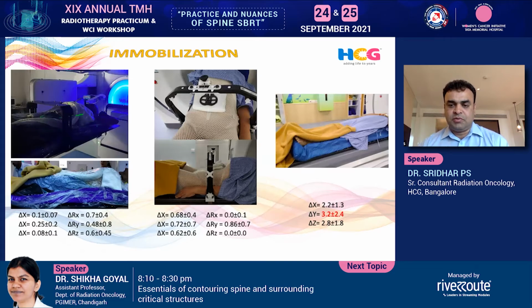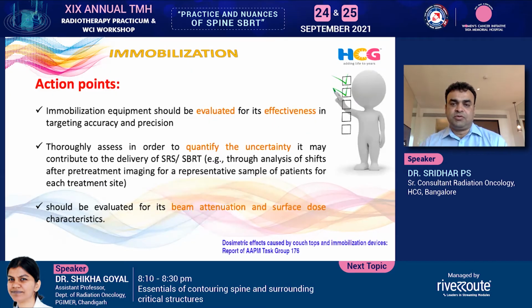For spine SBRTs, keep in mind there is always a chance of longitudinal movement of less than 3 millimeters whenever you are considering your margins, and according to that, if you want to include it as a PTV margin, you should include it. The immobilization equipment should be evaluated for its effectiveness in targeting accuracy and precision.